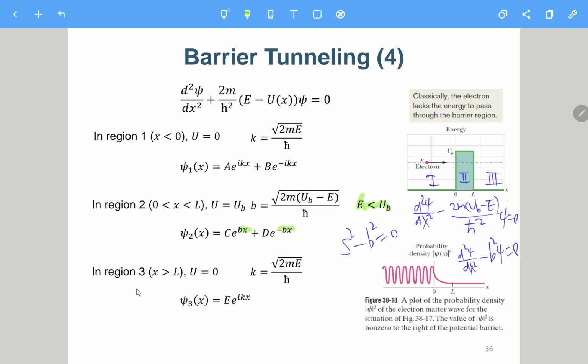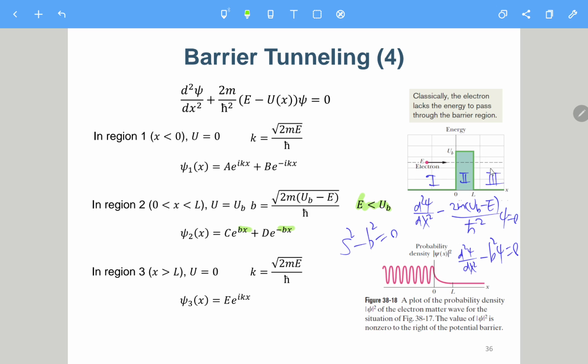Okay, for region 3, which is similar to that one, we have U equals 0. Originally we should have E times this term plus F times exponential to negative ikx, but we also suppose that the electron is coming from the left side to the right side, so in region 3 we don't expect it to be reflected by anything else, so it only goes to the right side.